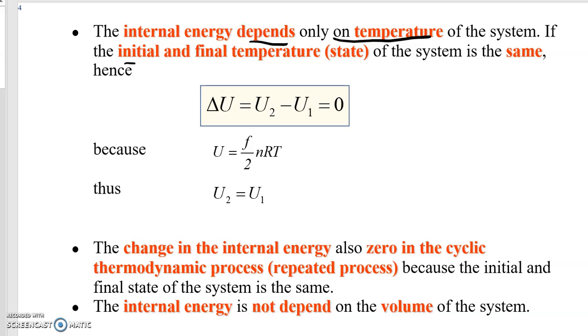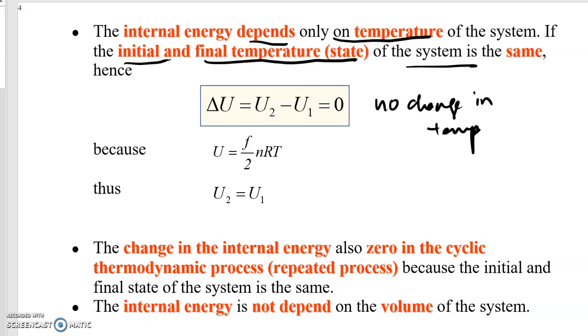If the initial and final temperature of the system is the same, delta U is equal to 0, because there is no change in temperature. So bila no change in temperature, our delta U equal to 0.